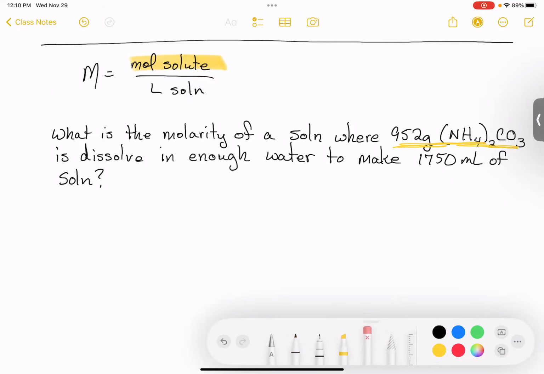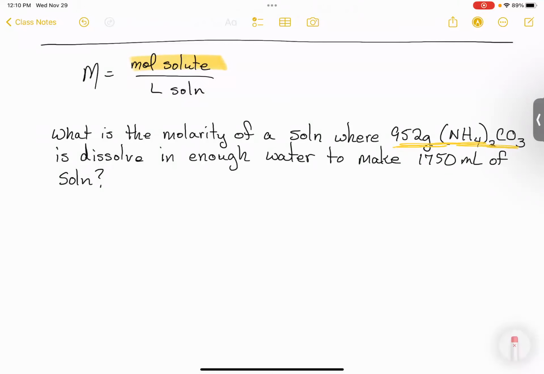So let's see, we have 2 nitrogens times 14.01. We have 8 hydrogens times 1.008. We have 1 carbon times 12.01. And we have 3 oxygens times 16.00.